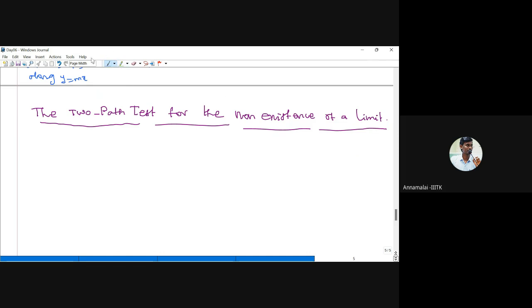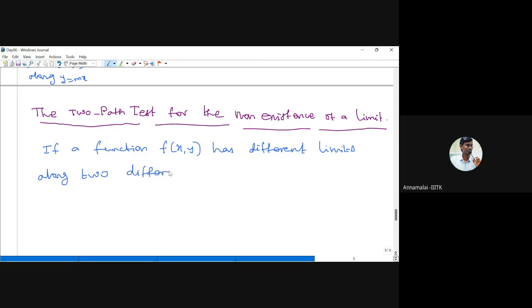Again, if a function f of x comma y has different limits along two different paths as x comma y approaches the point x naught comma y naught, that is, if you take any two different paths approaching x naught comma y naught and this gives different limits, then the limit of f of x comma y as x comma y approaches x naught comma y naught does not exist.